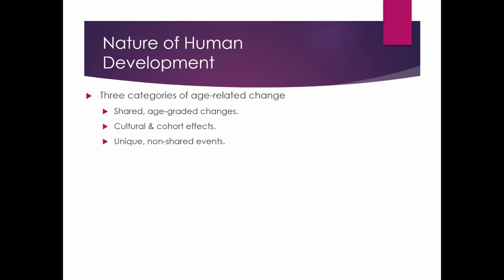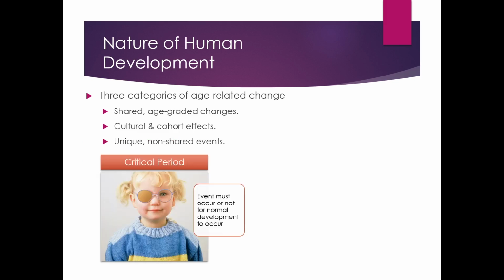The third category of age-related change would be the unique non-shared events. So these would be things that happen to an individual. Like the critical period refers to a unique non-shared event that might happen to an individual that might interfere with their normal development. So here we have a little girl whose eye got injured, and so she's having to cover her eye for some reason.